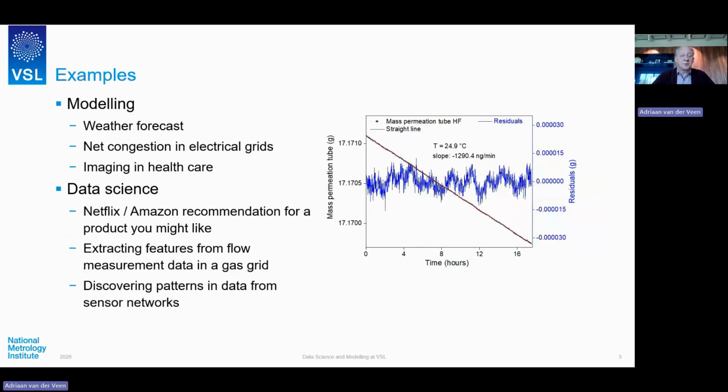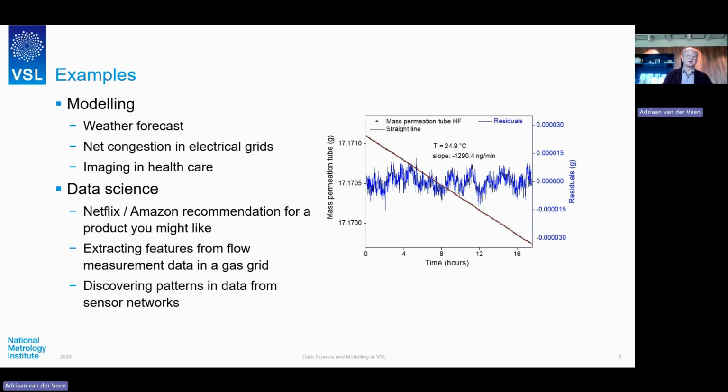Some examples of modeling. Well, probably the best known modeling example is something that you will consult probably at least once a day. That is the weather forecast. But modeling is also used to combat net congestion in electrical grids, and for imaging in healthcare.